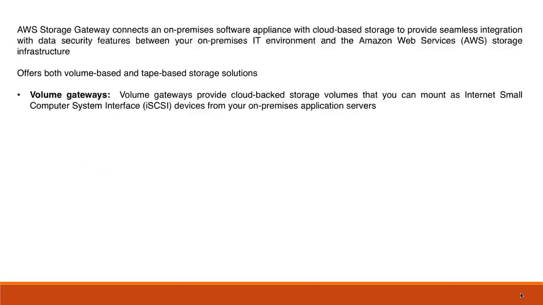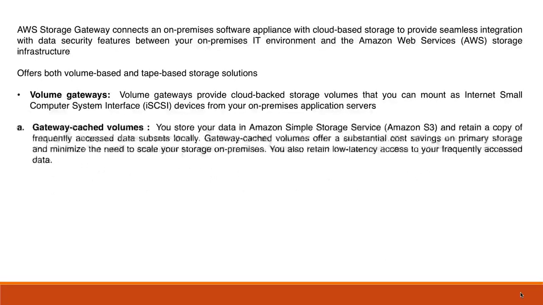Now we have something called volume gateways. Volume gateways provide cloud-based storage volumes that you can mount as iSCSI devices from your on-premises application servers. Volume gateways are of two types: gateway cached volumes.